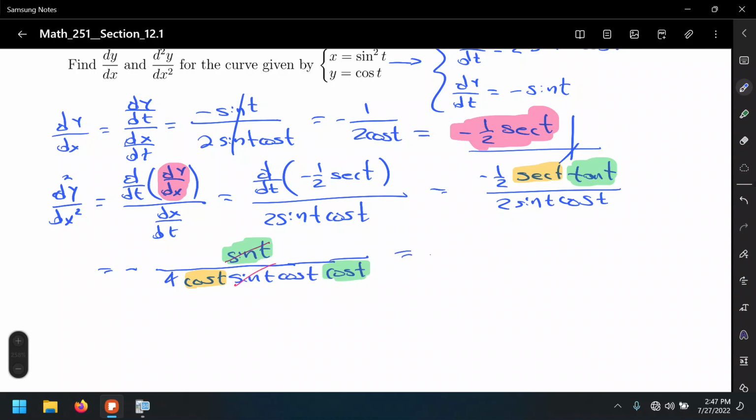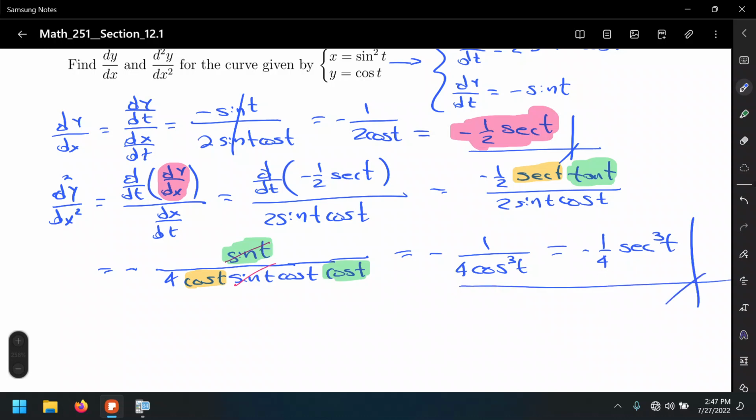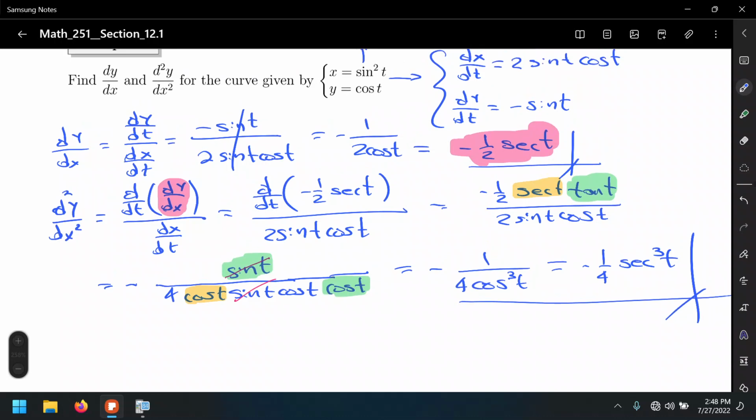And that's negative 1/4 cosine cubed. Or if you prefer, either way. Either way is fine. All right. Questions about this one?